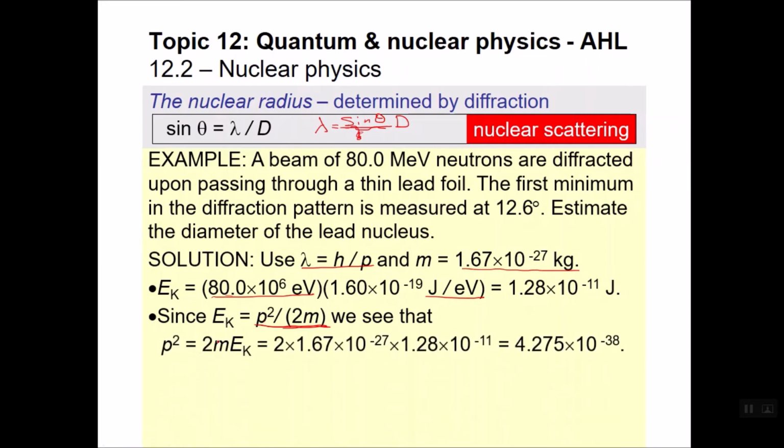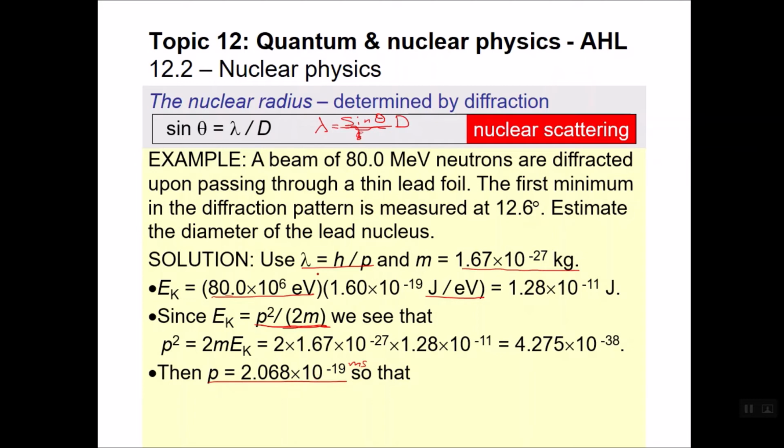And so we want to calculate its momentum. We find out that it is, that's not it, that is momentum squared. So we take the square root of that, and we get the momentum in meter kilograms per second.